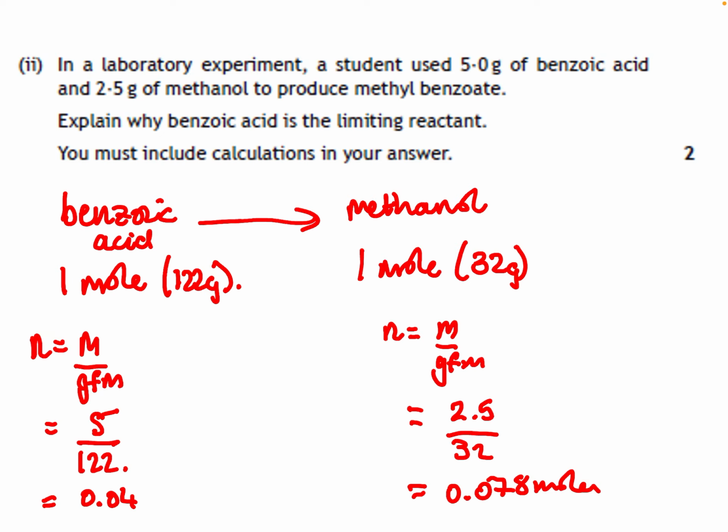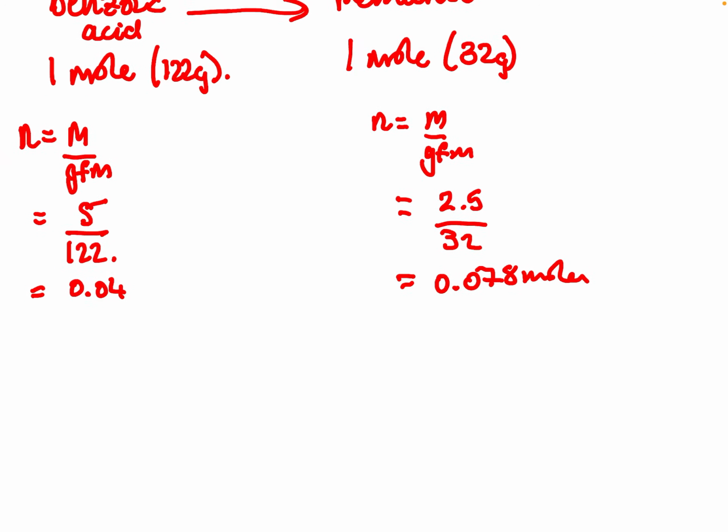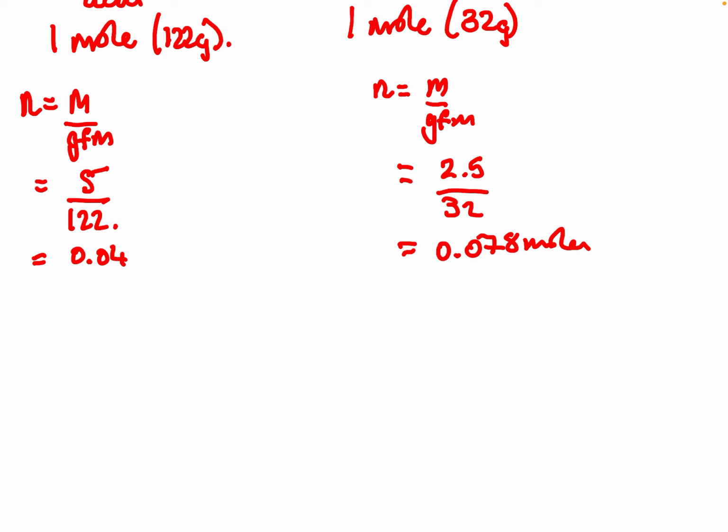Okay, so we've worked out our actual number of moles. What we're going to do is compare the ratios now. So if I had 0.04 moles of benzoic acid, I would need 0.04 moles of methanol. Now that would be possible because I've actually got 0.078 moles of methanol. So I've got more than that. That means the methanol is in excess.